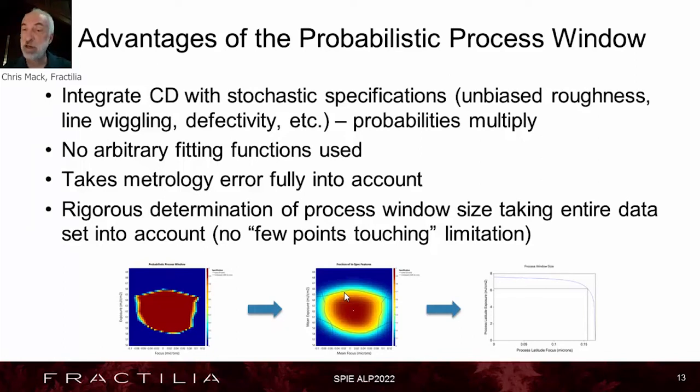And our determination of process window size is much more rigorous because it's not just looking at the outside of a Gaussian 3 sigma shape like an ellipse, and it doesn't worry about specific points touching specific contours, but instead uses the entire data set to perform the most rigorous calculation of the fraction of inspect features that we would expect on our wafer.